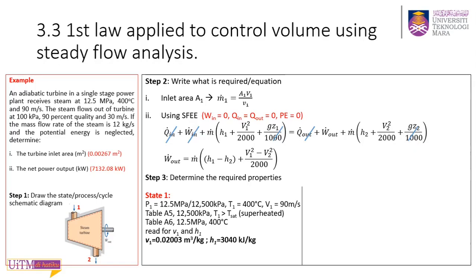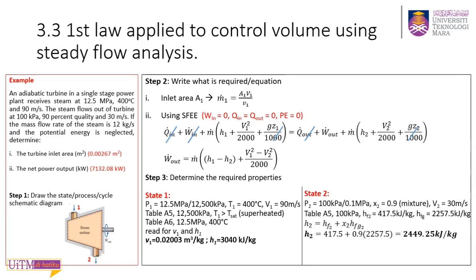So as you can see, the phase for state 1 is a superheated region. So using the appropriate tables, read for the values of specific volume and specific enthalpy. For state 2, since the value for quality is given, we know that the phase is a mixture.